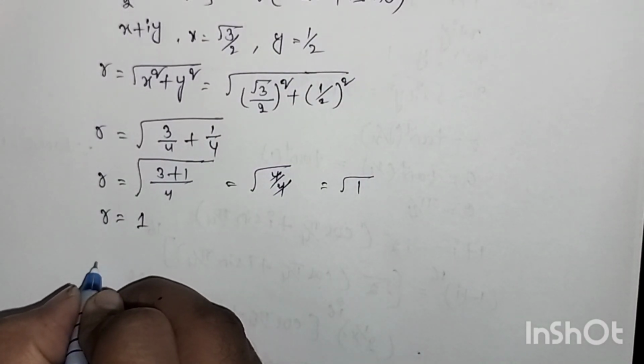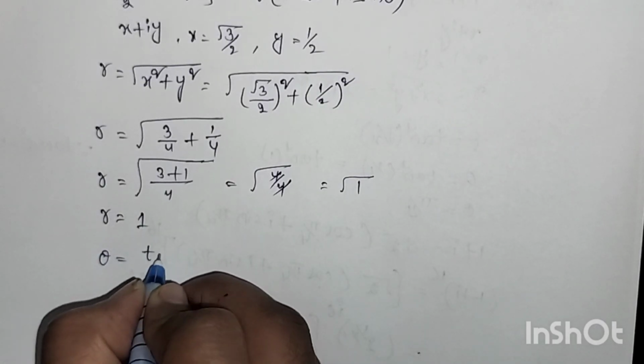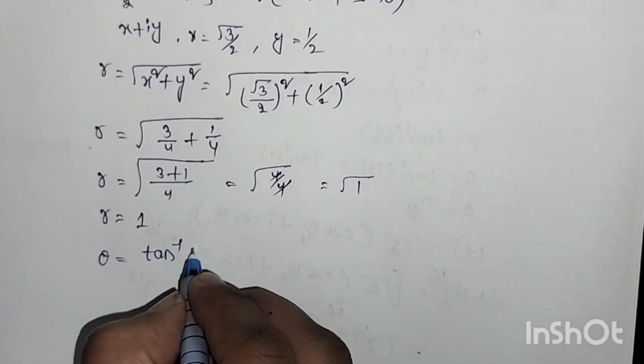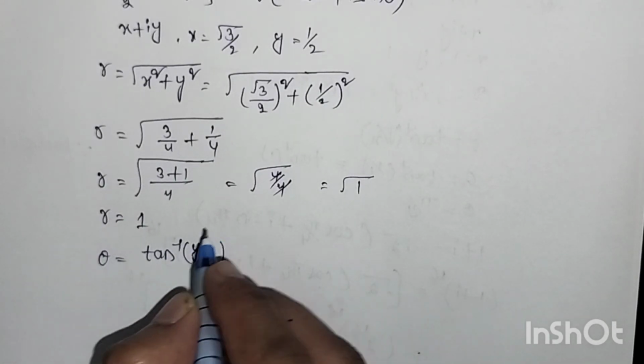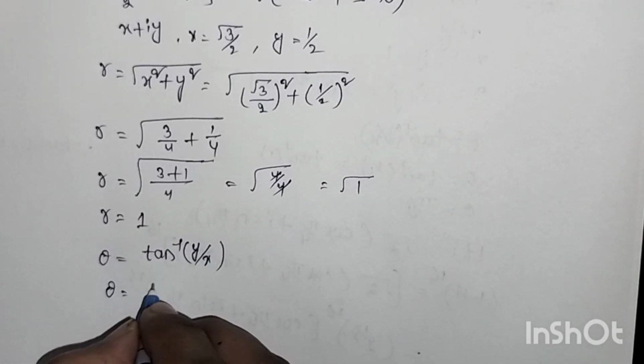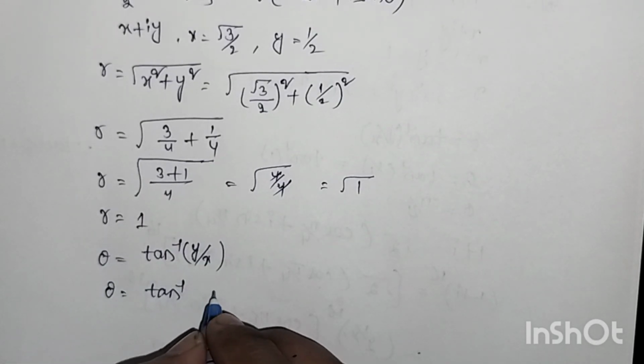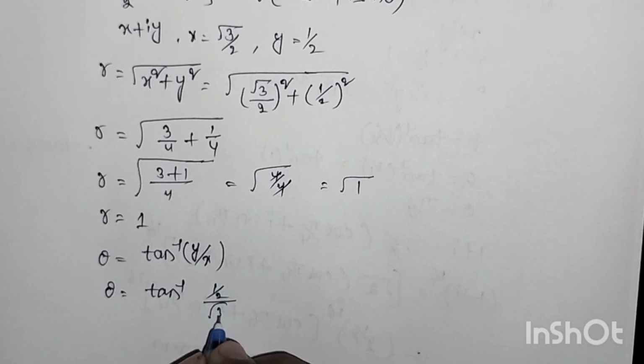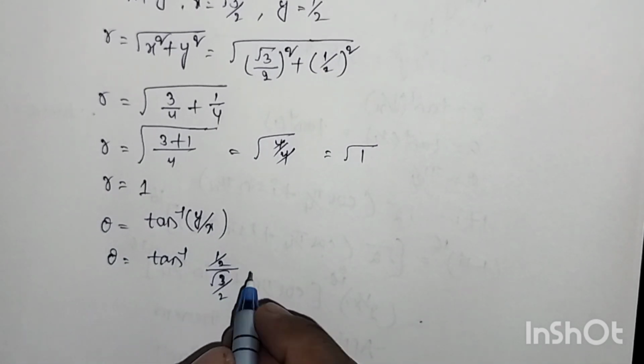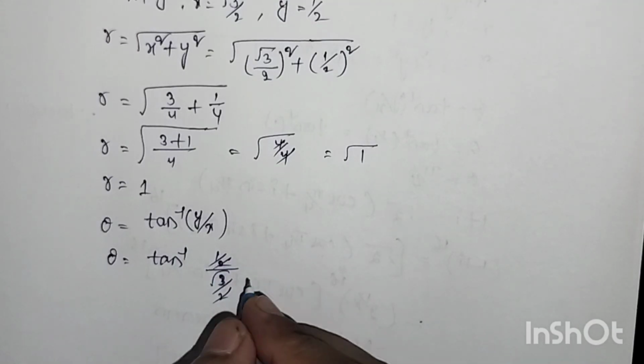Now we can find the theta value. Theta is equal to tan inverse y by x, which is tan inverse of 1 by 2 over root 3 by 2. The denominators 2 and 2 cancel.